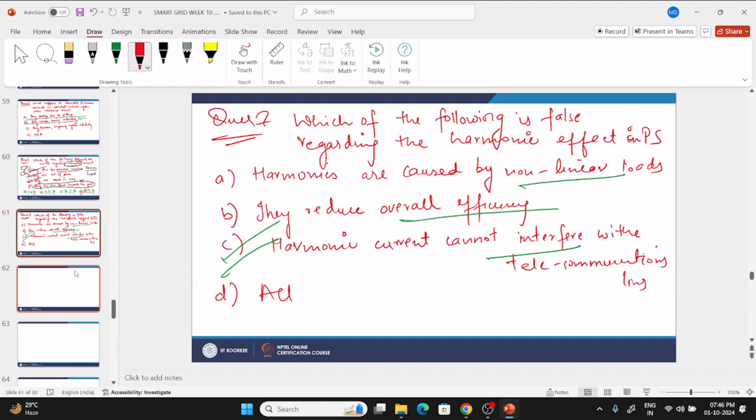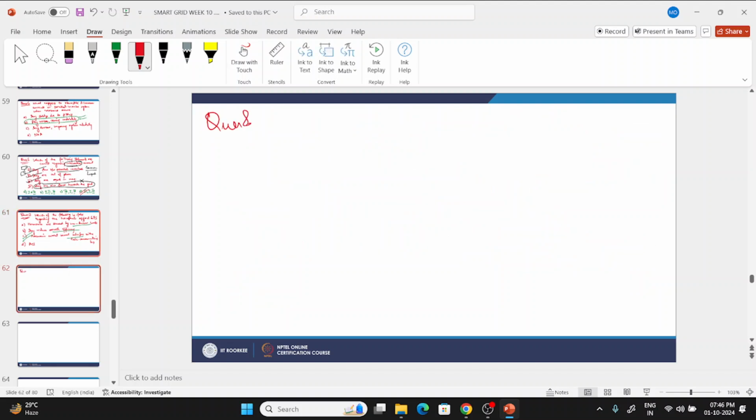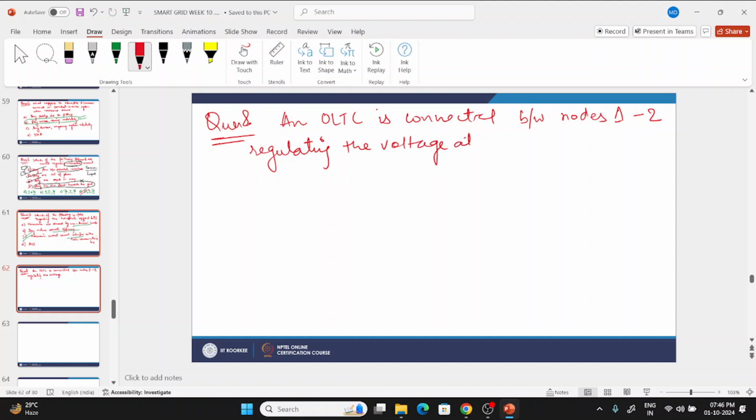So question number 8. An OLTC is connected between nodes 1 and 2, ठीक है, regulating the voltage at node 2 with respect to node 1.